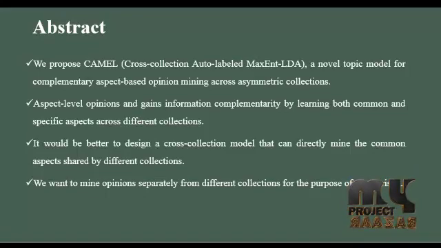Moreover, CamelGP, a non-parametric alternative to Camel, is also proposed based on coupled processes. Extensive experiments on real-world multi-collection reviews data demonstrate the superiority of our methods to competitive baselines, particularly when the information shared by different collections becomes seriously fragmented.